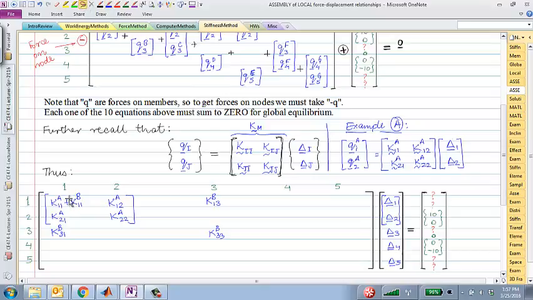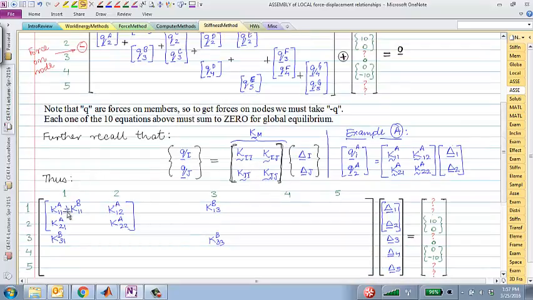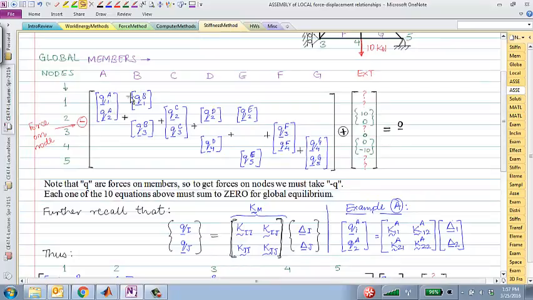Can anybody tell me why did I add these two? Because they overlap. I mean, yeah, the location of those two overlap, but why add? Why not subtract or multiply or something else? Well, because if you look at the original system, we are adding forces from element A node 1.